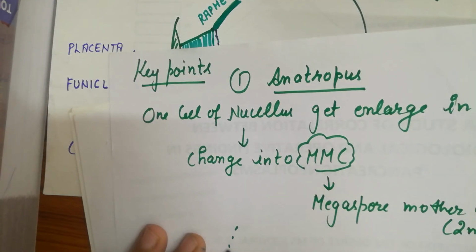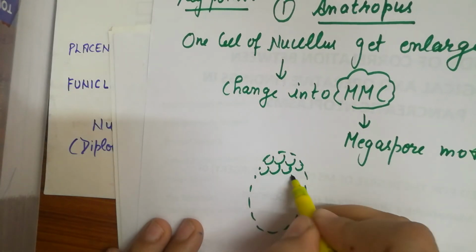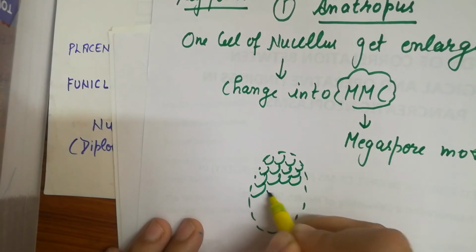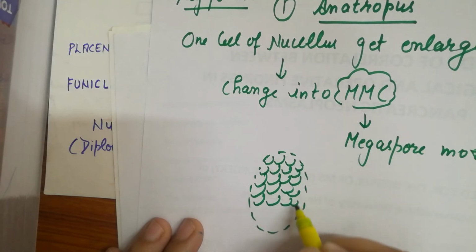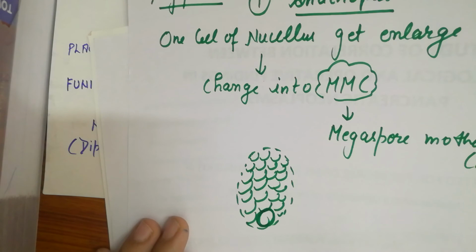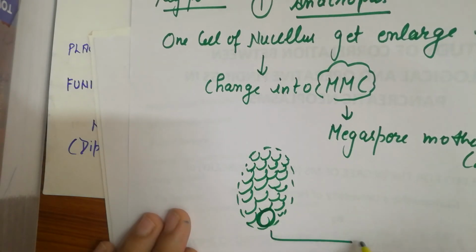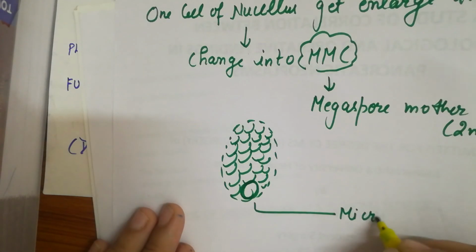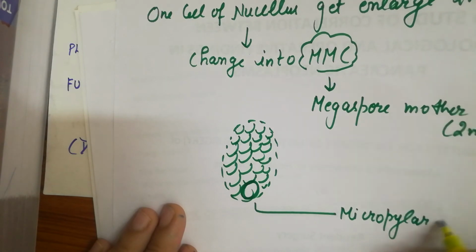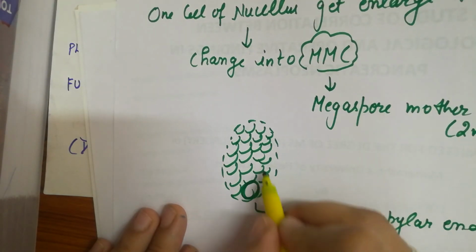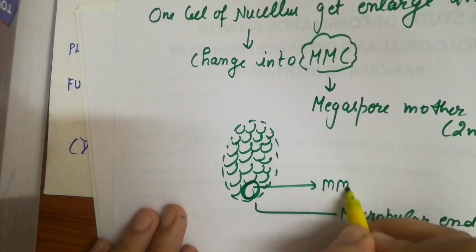If you have to draw it, this is your nucellus, which is filled with diploid cells. Out of all these diploid cells, one becomes bigger towards the micropylar end, and this is now called the MMC.